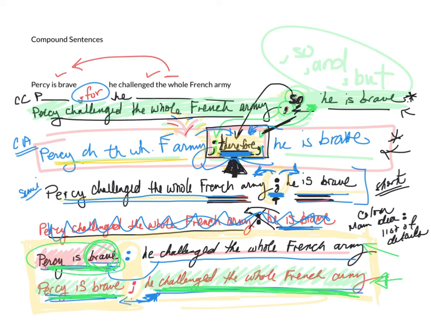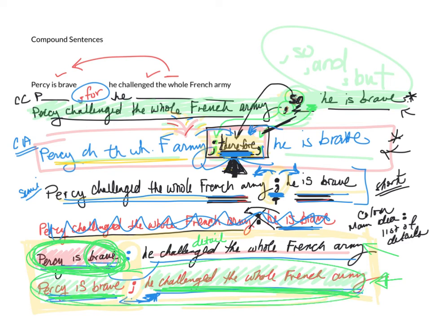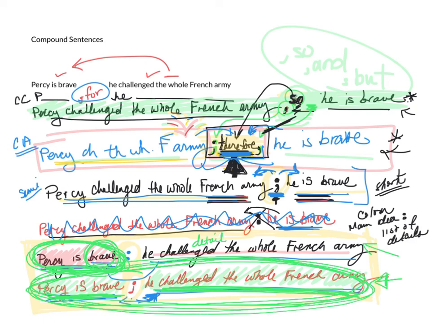Here, Percy is brave is the main idea. This is a detail. And because this is the main idea, it's what's getting shouted about. Here, the whole sentence stands out. And so this whole sentence is equally important. So it's moving the emphasis. So that is a quick primer on compound sentences.